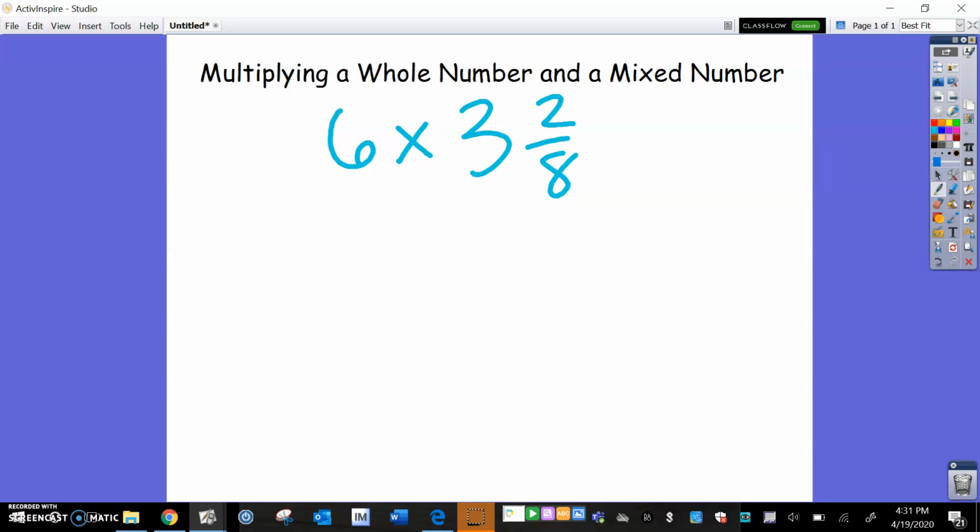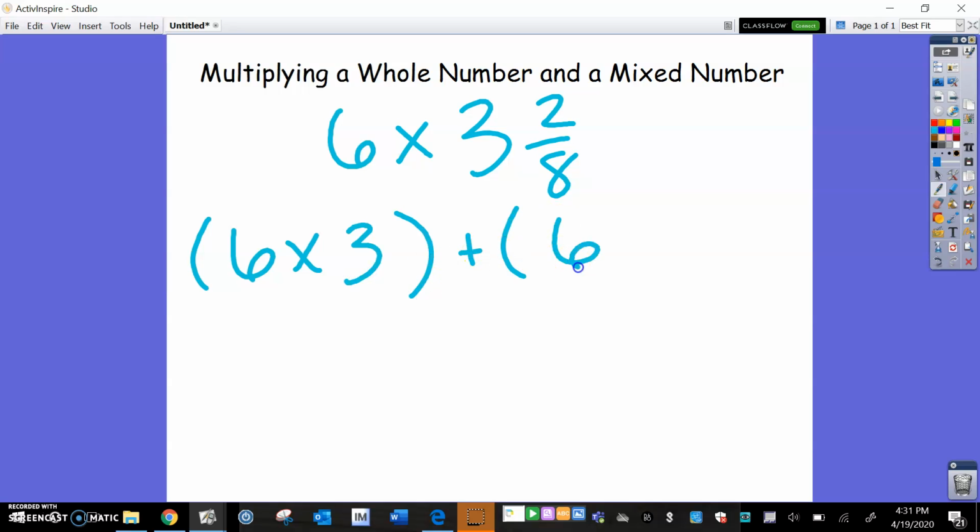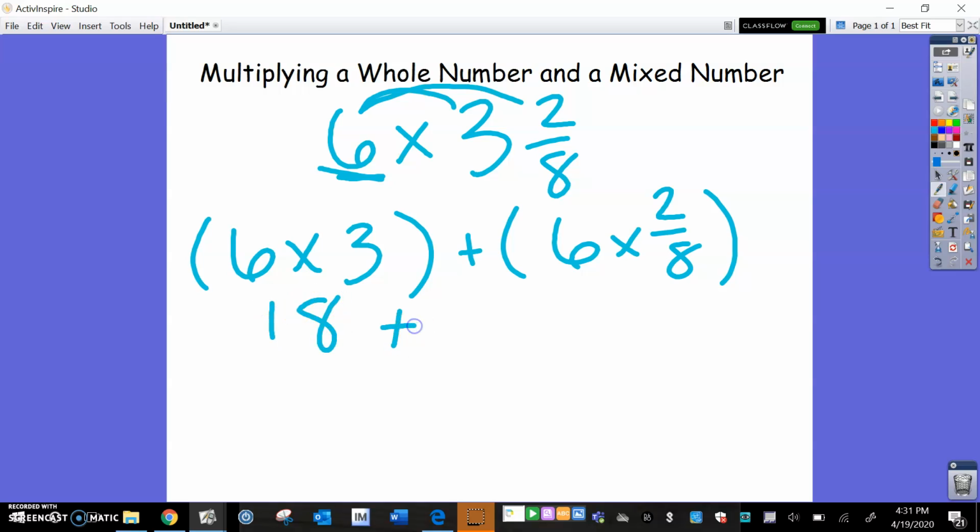All right, so let's go ahead through this. 6 times 3 plus 6 times 2/8. We're using this 6 twice to distribute to each of our pieces. 6 times 3 is 18 plus 6 times 2 is 12 over 8.